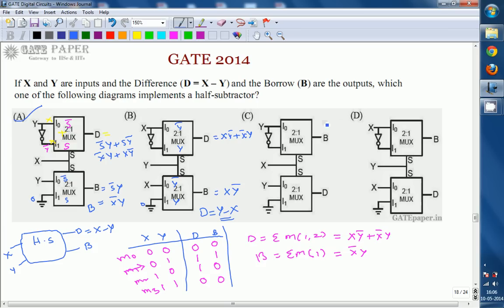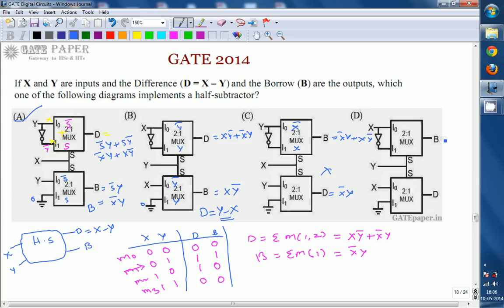For C, the borrow you get is x bar y plus x y bar, and D is equal to x bar y. This is a wrong answer because the expressions for difference and borrow are interchanged.